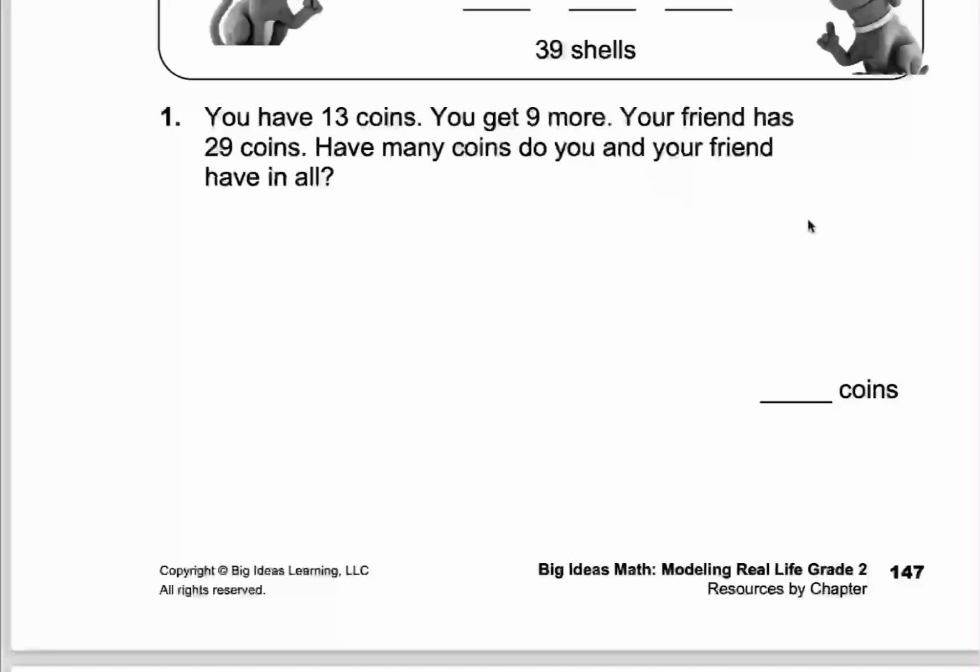Okay, for this question, you have 13 coins. This is you. You get 9 more. Your friend has 29 coins. And the question is, who have, I think this is written wrong. Here is missing the word.